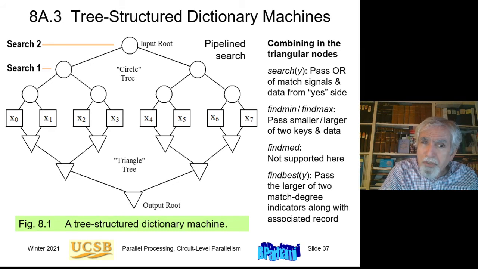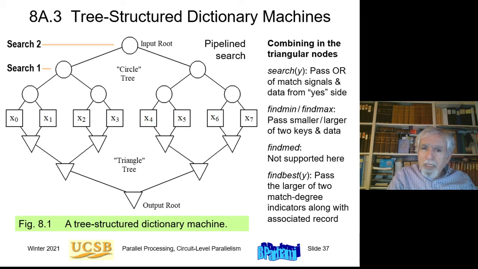We are doing a lot of searches. Now the first search takes logarithmic time to get through this tree structure. Actually 2 log n. If I have n records here, it takes log n levels, 1, 2, 3, for the search instruction to get here, and then 1, 2, 3 for the result to propagate to the output root.